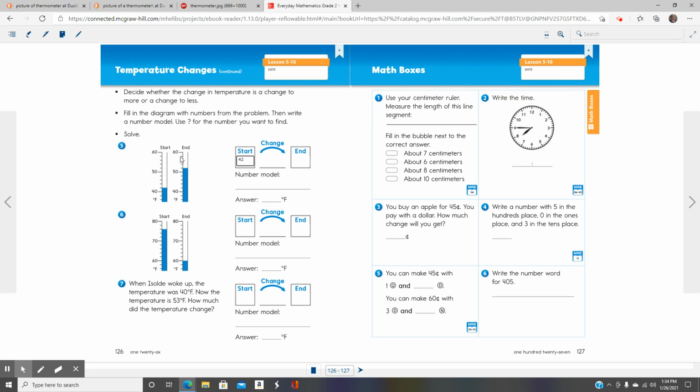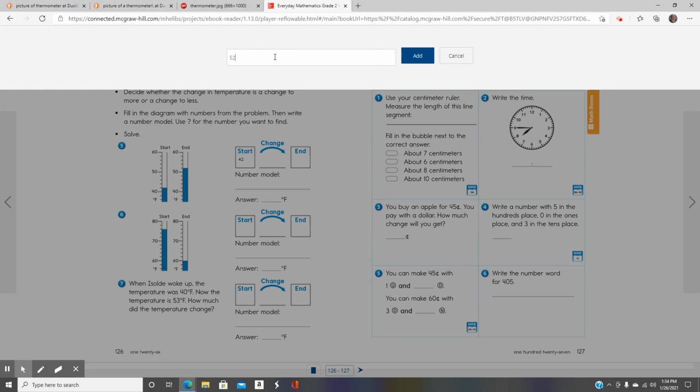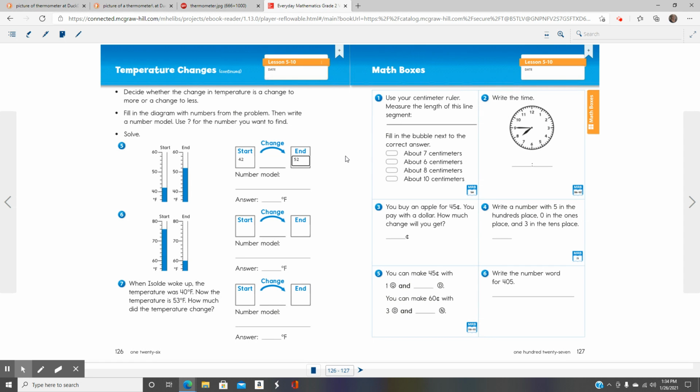And it looks like our end temperature, here's 50. I know it's counting by twos until we get to 60. So this must be 52. So I'm going to put an end temperature of 52. Okay, we can actually count on this thermometer to see how much the temperature rose.